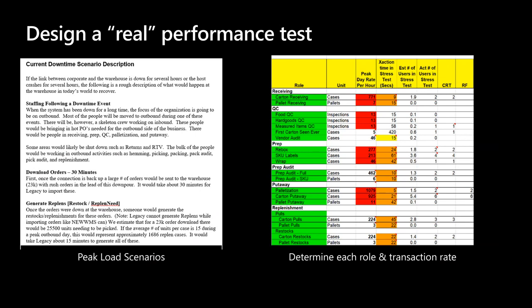Based off of our transaction volume estimates, here are all of the different individuals within the warehouse that are going to be involved in this scenario in order to get it executed, and this is the rate at which they need to execute their job. So it becomes very specific, very data-driven for the scenario, as well as each of those different roles and the rate at which all of those operations need to be completed.